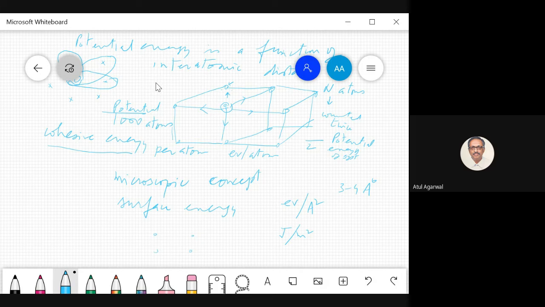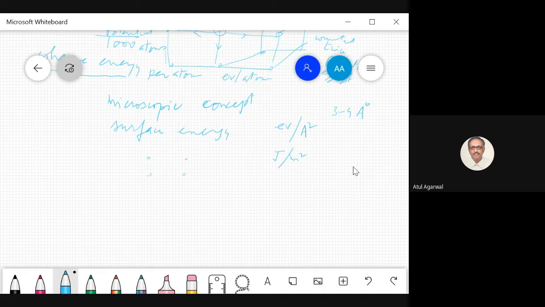That is a lower energy state compared to the surface atom. For surface energy, you take the atoms on the surface and find their interaction with their neighbors. Their neighbors will be only on one side. So we can find surface energies of every material. This is a microscopic concept.